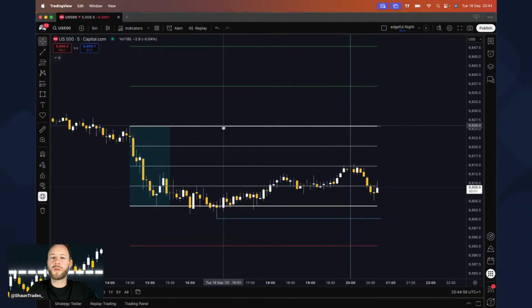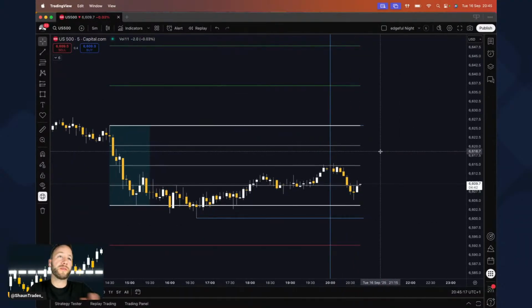That's the high of day, which was set in the first 5 minutes on the first candle, because we've had nothing but downside. The second line is the low of day, which was set just before lunchtime in the US. And this vertical line is the start of power hour. We are now in the last 15 minutes, so we're heading into the close.